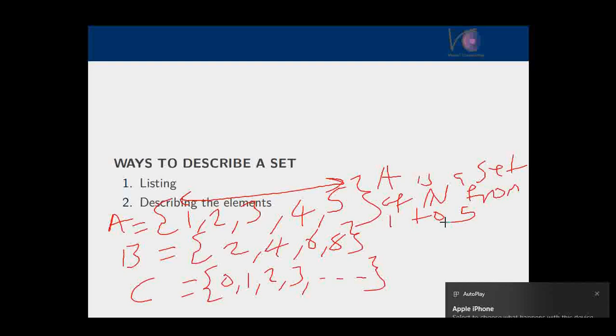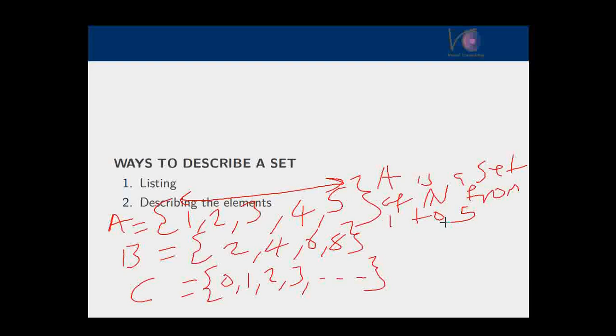How about set B? How can you describe set B? They are also numbers, and you'd say set B is the set of even numbers from 2 to 8. As simple as that. So you say B is the set of even numbers from 2 to 8.